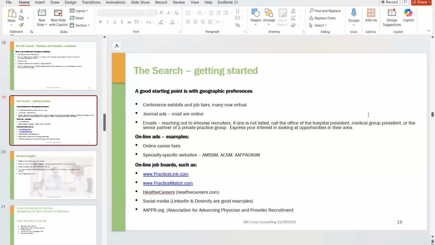And then the third will be an on-site interview. I highly advise and encourage you to bring your significant other or spouse, if you have one, when you go for your site visit, so that you both can get a good feel for the community and make sure it's someplace you want to go.